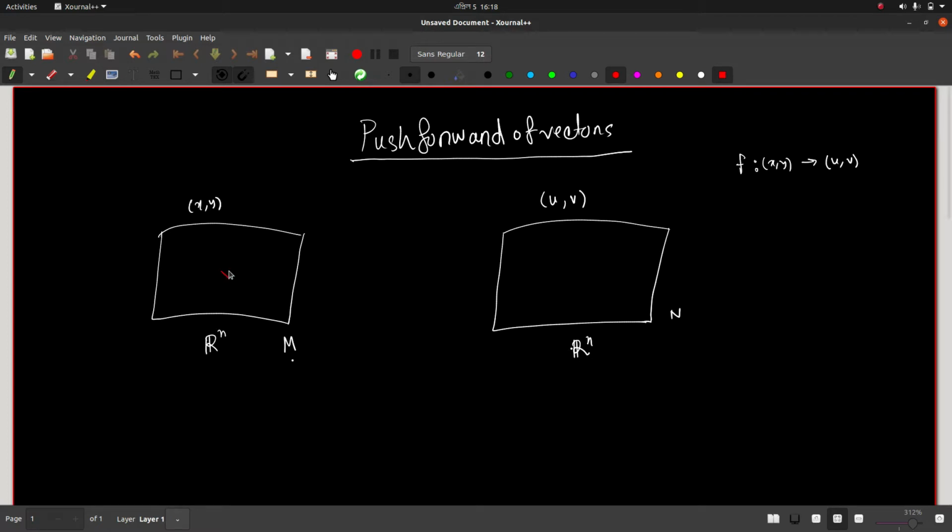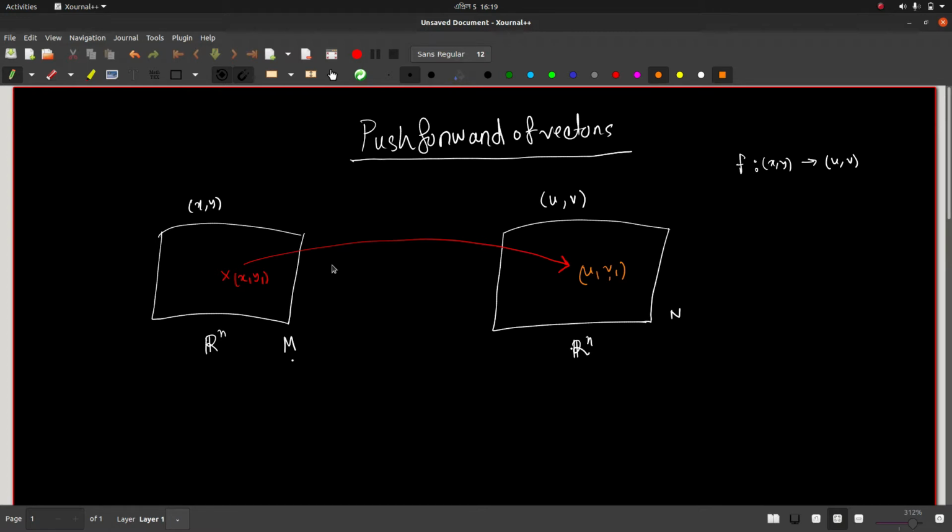So let's say you have some point over here that is denoted by x1, y1. It gets mapped to some point on manifold N as u1, v1, like this. Now, this seems pretty simple. That is just a mapping between two manifolds.